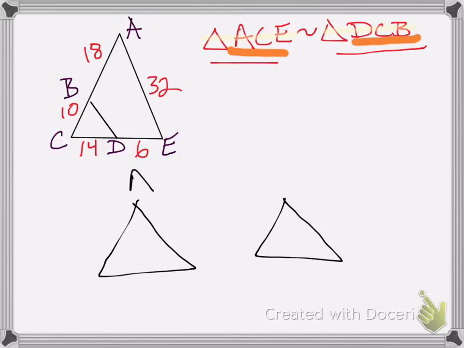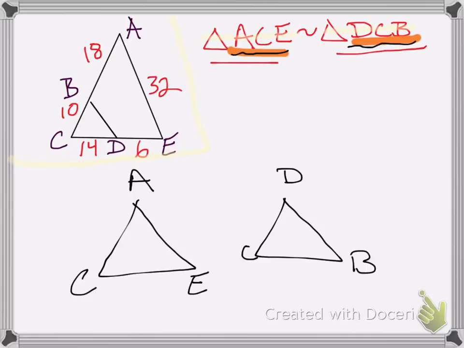A, C, E, and triangle D, C, B. I labeled them the same way, in the same order, just like they told me in the original up here. It's important I do that because when you compare it to the given picture that we gave to you, the two triangles look different. So that's why we need to redo it.